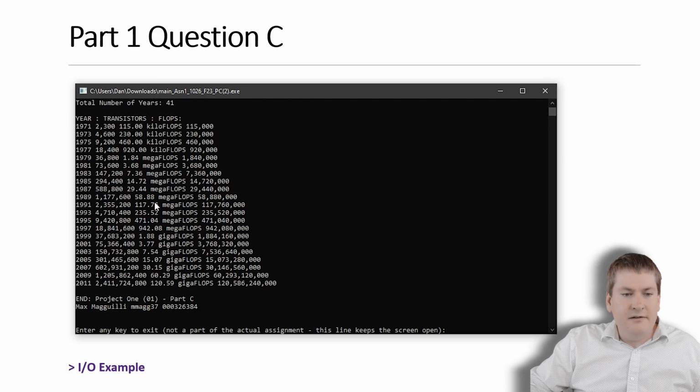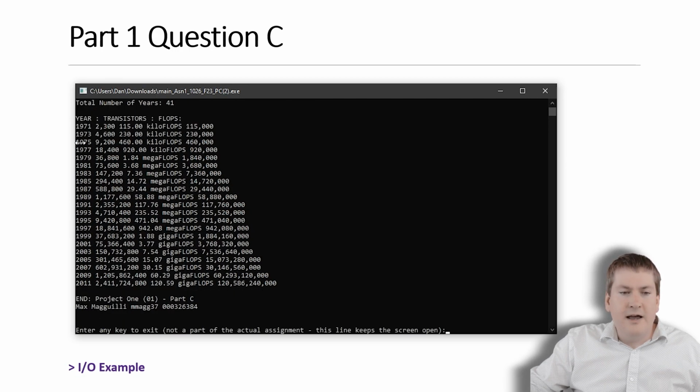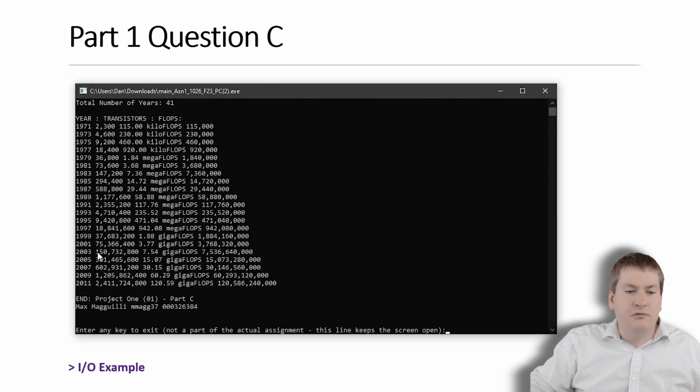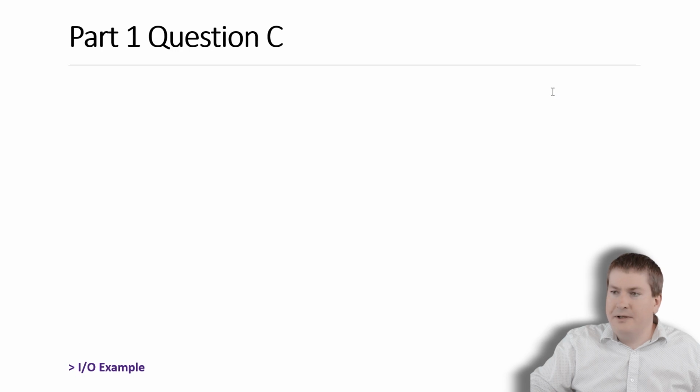We get the same output because we said 41 years, and the output is only for every other year, because we're saying it doubles every 2 years. We don't get an extra year here because 41 years would only get us to 2012, but that wouldn't be the next doubling. So we always sort of round down. If we ran this again with 42, let's take a look at what happens.